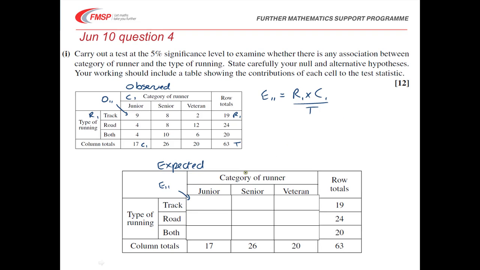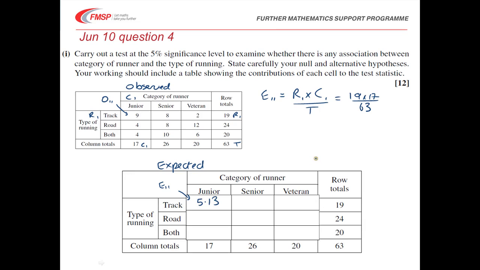Okay, so this entry here, if we do this one, I'm going to show you something interesting in a minute that can be used as a check as well with these. So we're going to do 19 times by 17 over 63, and if we work that out, that's going to give me 5.13. So that's my expected value.